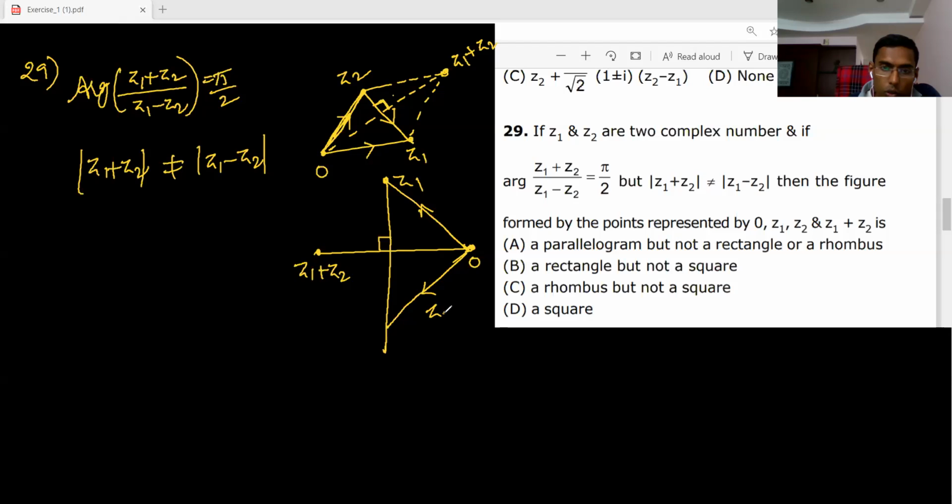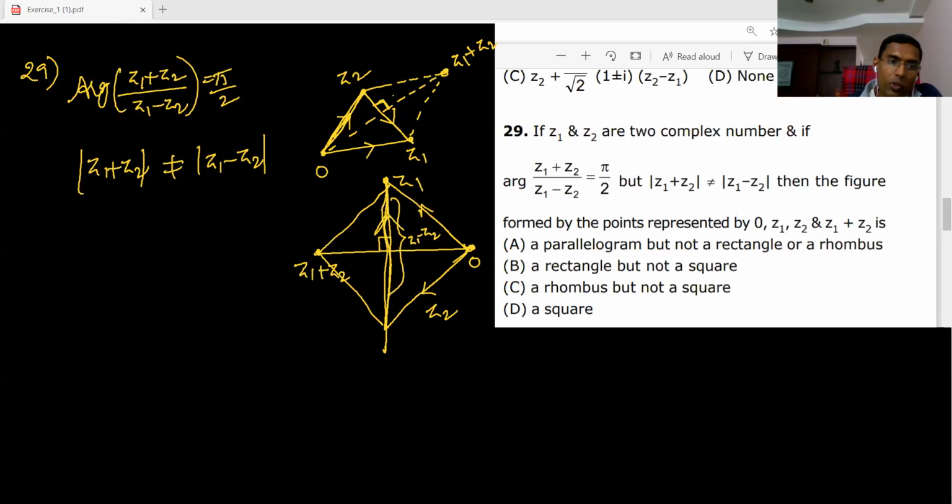This vector, this whole thing, is Z1 minus Z2. So this not equal is what it is saying.